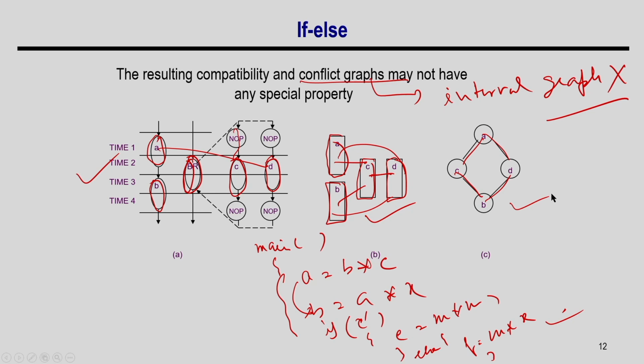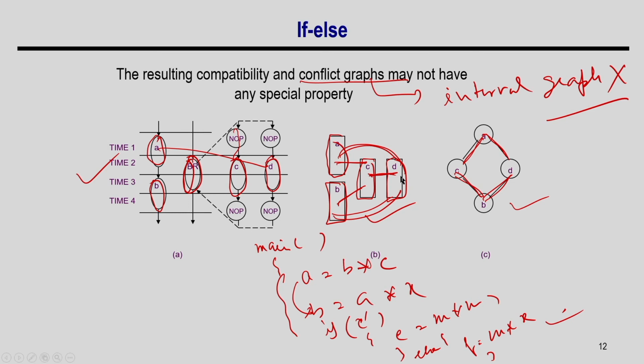There is one node for each interval. A and C overlap, so there is an edge here; B and C overlap, so there is an edge here; A and D overlap, so there is an edge here; B and D overlap, so there is an edge here. So, what about the edge between C and D?